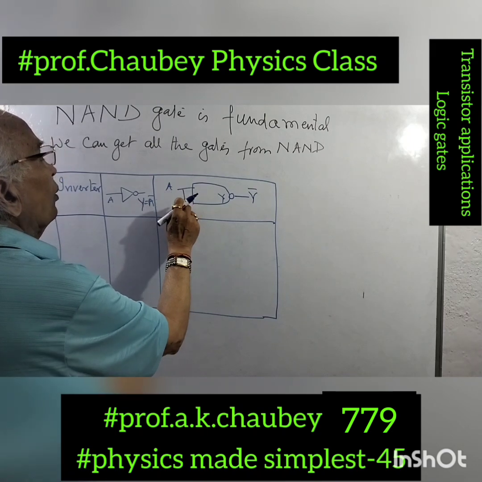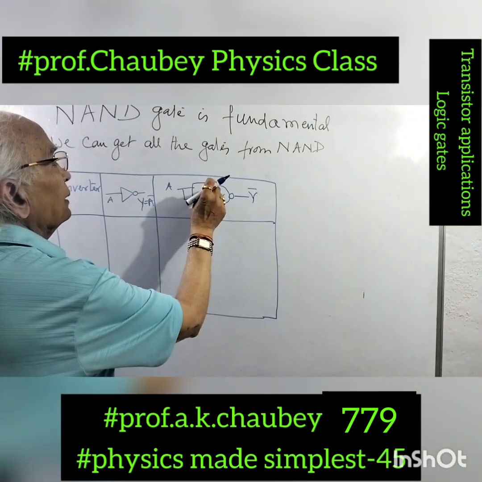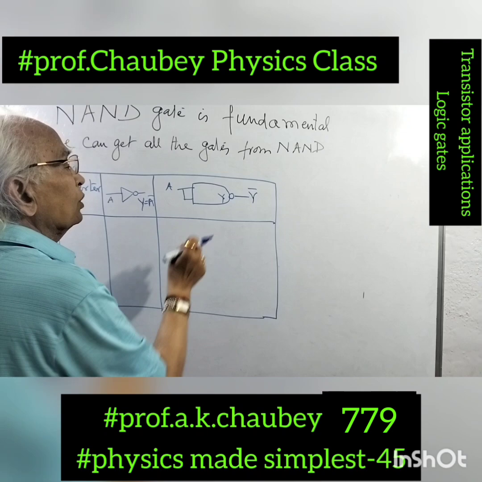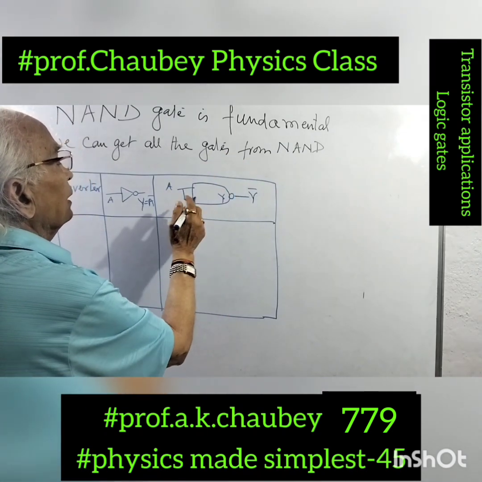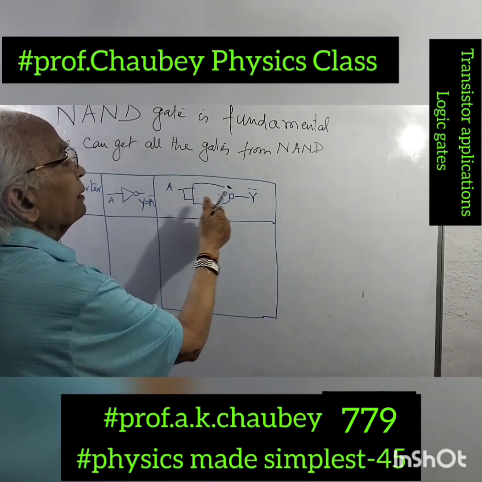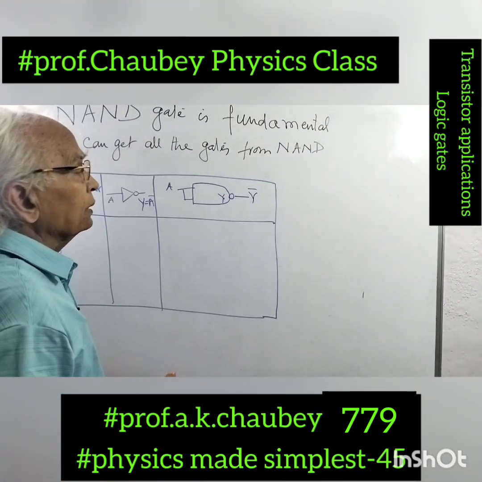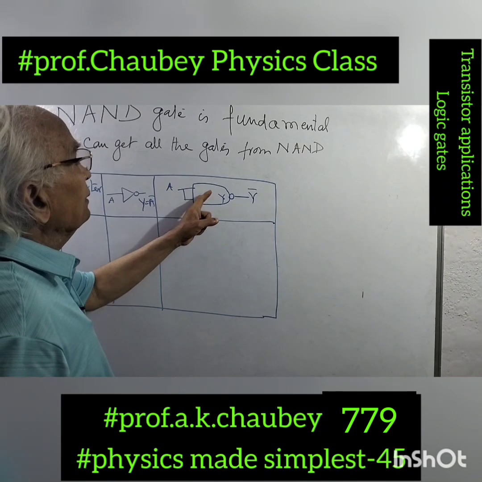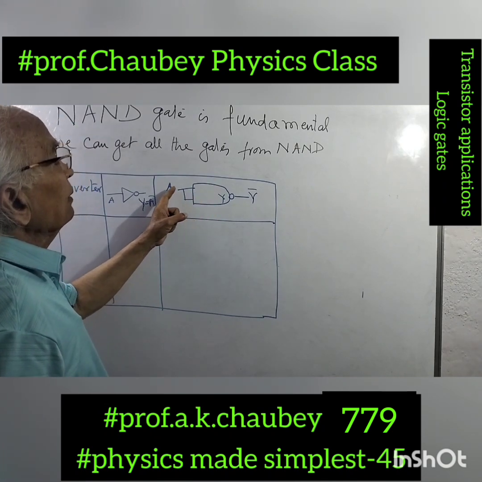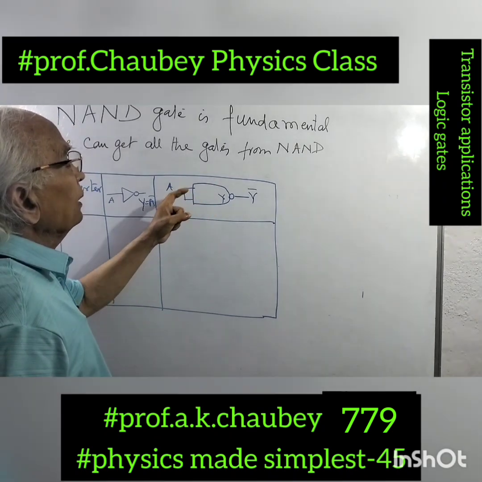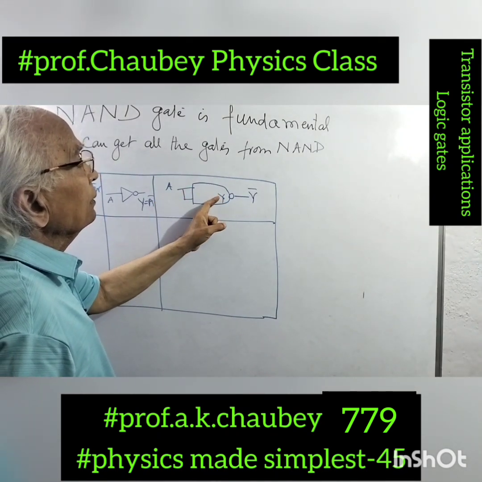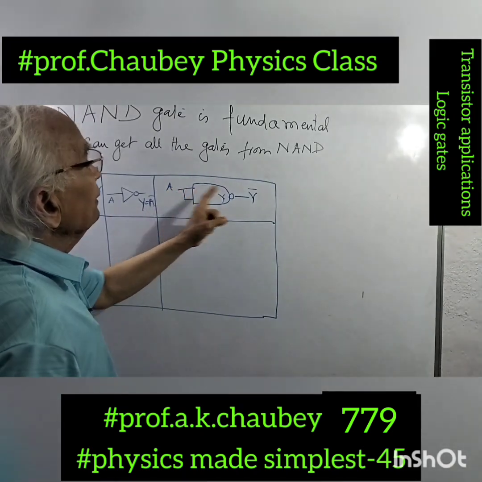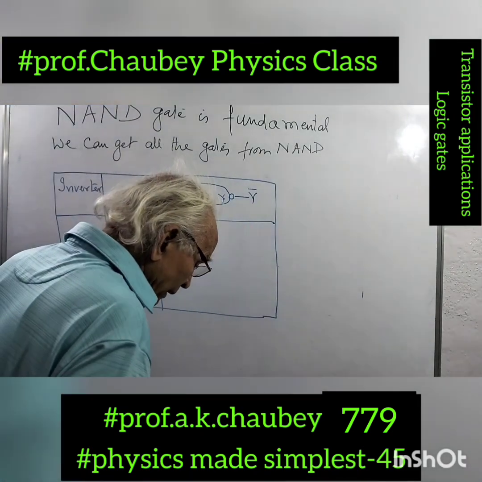When only one input is there, there will be no output here because it is AND gate, and here it will be inverse of this. Because A is coming here, there is the AND gate, means there is only one input. AND gate, one input, nothing will be there. Then here invert of this.